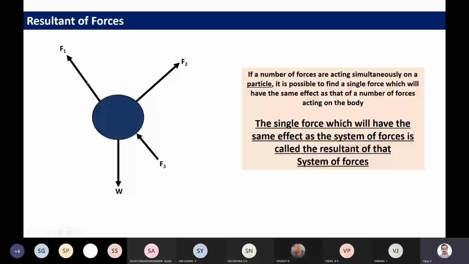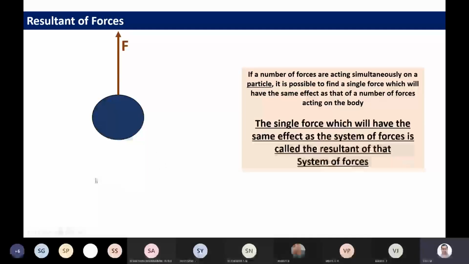Say for example, when F1 is acting on the body, it is moving in this direction. When the self weight is acting, it is moving downward. F2 in this direction, F3 in this direction. So when all these forces are acting together, what is the net effect happening? It is equivalent to the net effect happening with the resultant force.